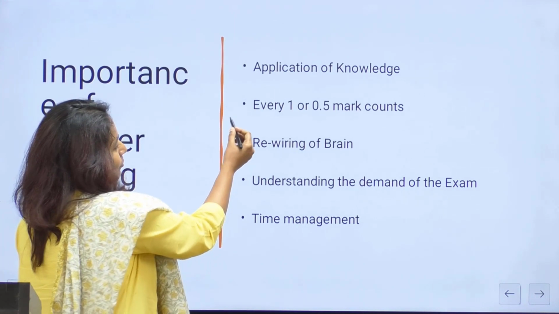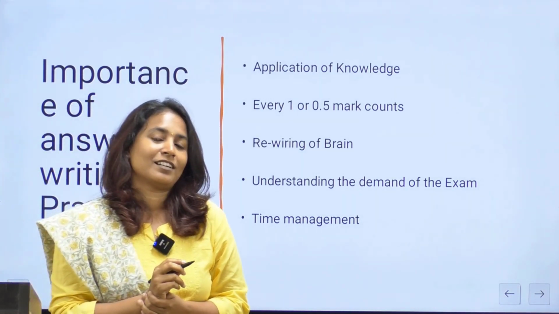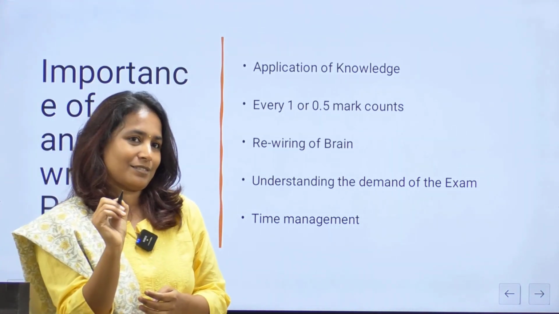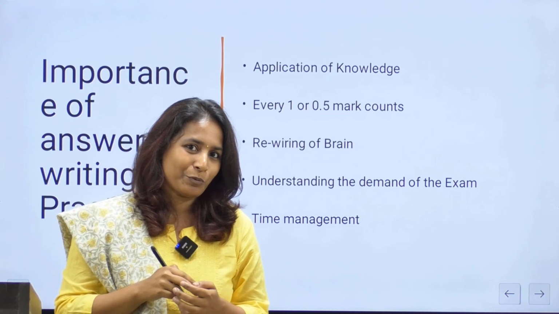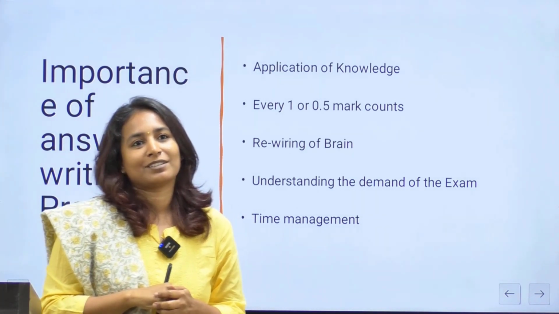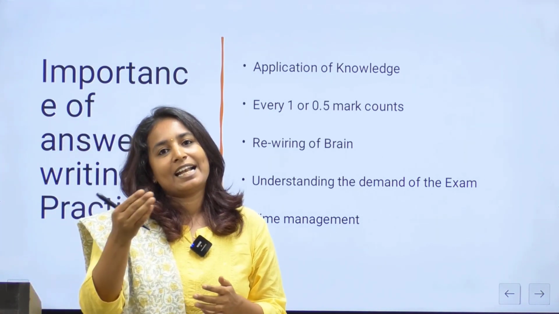So next point is every 1 or 0.5 mark matters. Every 1 mark that you earn in each answer, given that we have 20 questions, can add those 20 marks to your paper. Or 0.5 marks, that can add 10 marks.